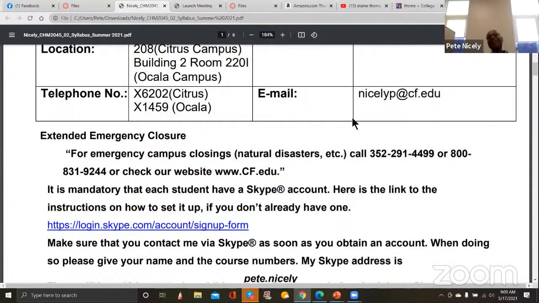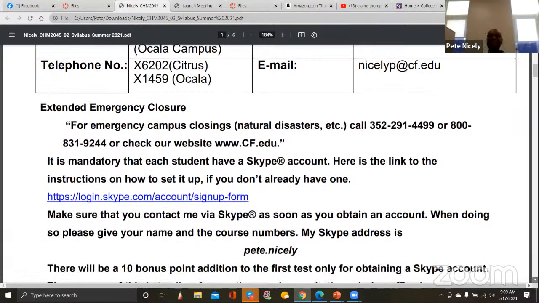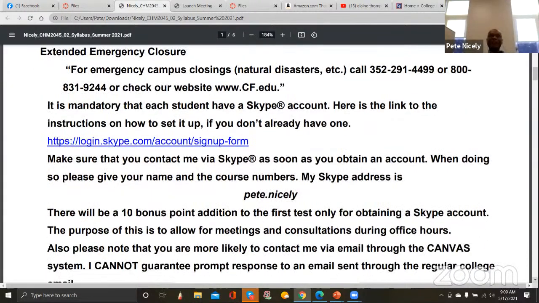The reason is that if you send me an email from some external source, or even from your own college email address, that email will be shunted to the junk folder, basically. And I very rarely check that folder. So it's very important that if you contact me via email, you do so through Canvas.